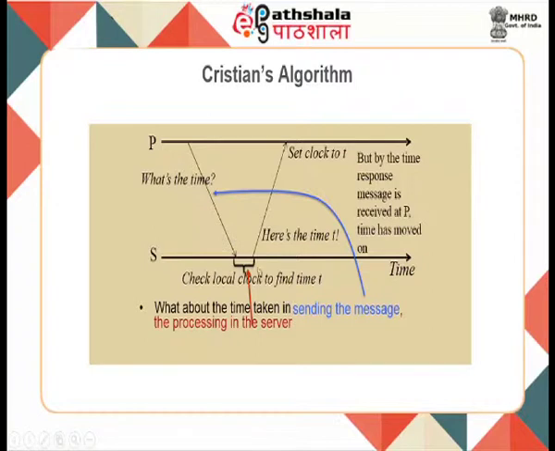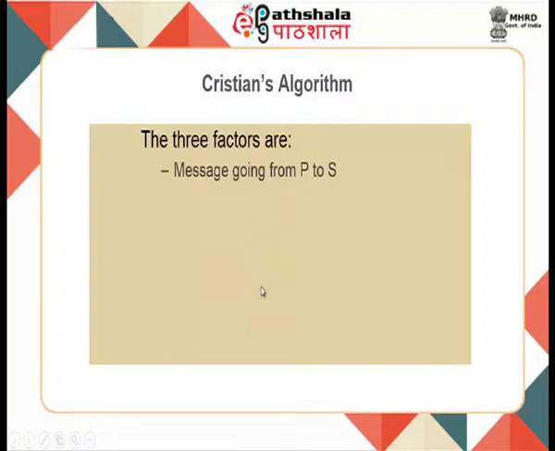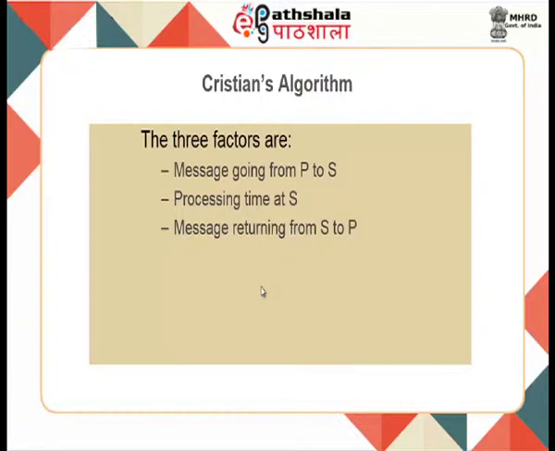Then there is the processing time, which is the time the server spends looking at the time and sending the message, and the third is the time taken to send the message back. So we have the message sending from P to S, the processing time at S, and the message sending from S to P.